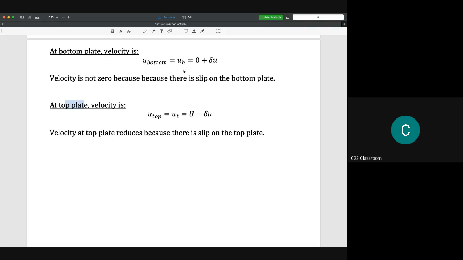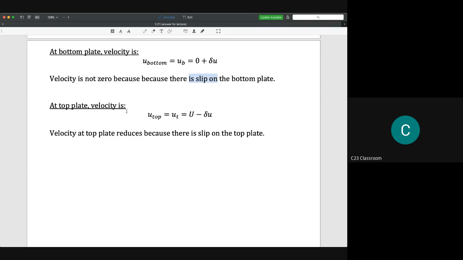In this situation, we find that the molecule is moving with a certain micro velocity, so we need to add delta u. The u for the molecule at the bottom is equal to 0 plus delta u, because there is slip on the bottom plate.